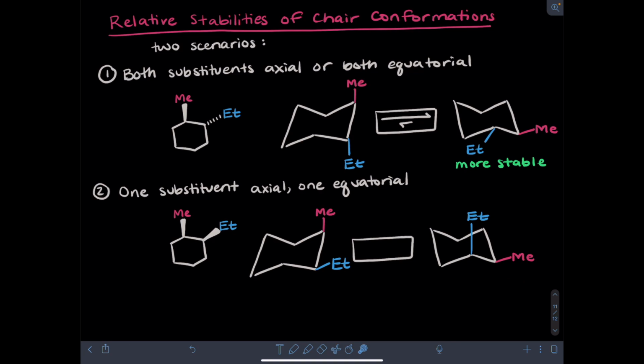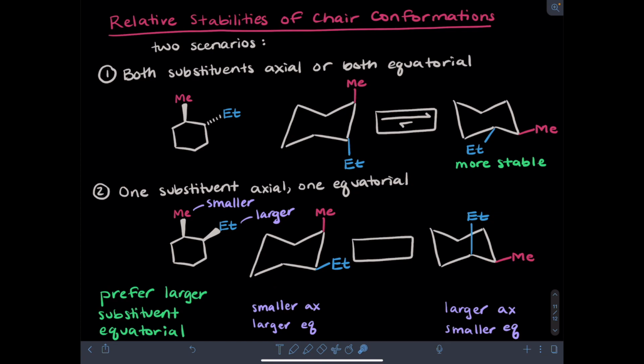If this is the case, we need to consider the relative sizes of these different substituents. A methyl group is smaller than an ethyl group. And because 1,3 diaxial interactions are more severe with larger groups, you're going to prefer to put your larger substituent equatorial.